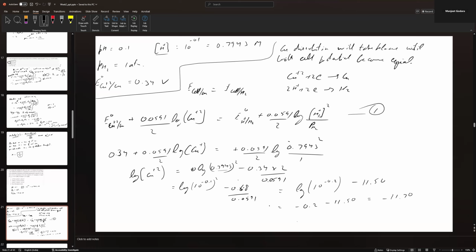So the copper ion concentration is equal to 10 to the power minus 11.70, which is 10 to the power minus 12 times 10 to the power 0.3, sorry, plus 0.3.